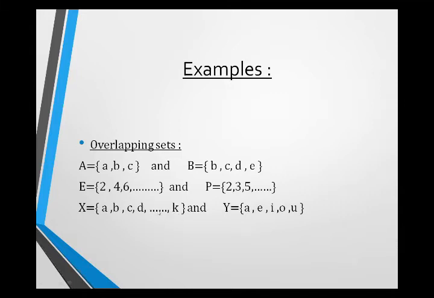I is not written here, but we know that the alphabets end at K, so there is an I in this set. Now O is not present in this set because this set ends at K, and U is also not present. So O and U are different, and A, E, I are overlapping with this set. So these sets are called overlapping sets.